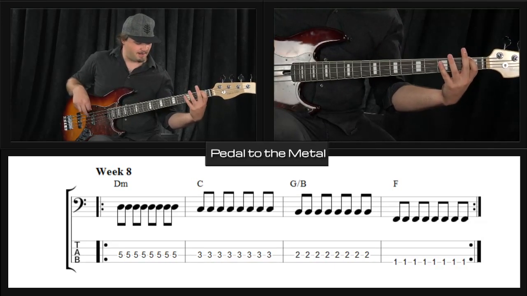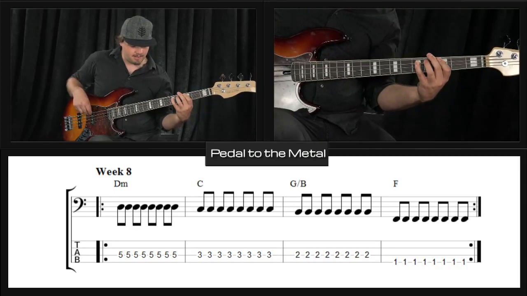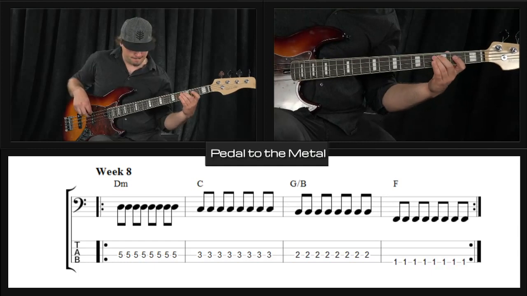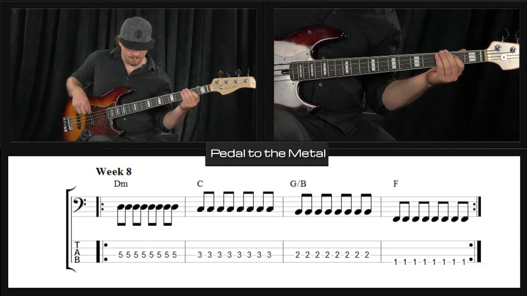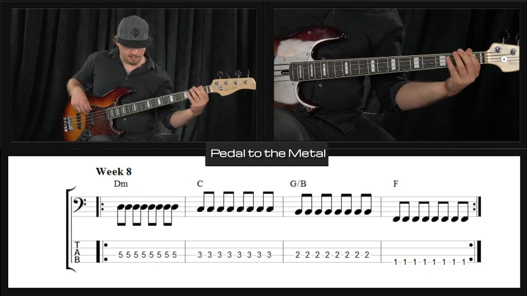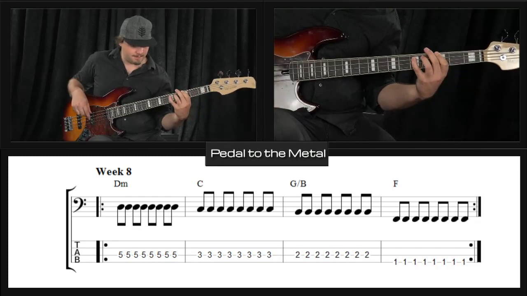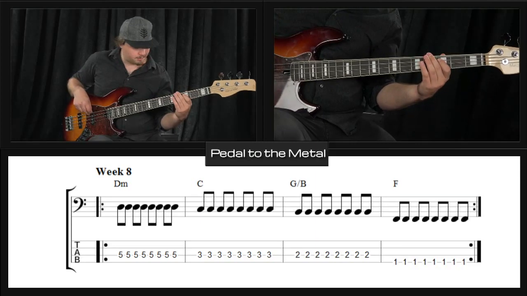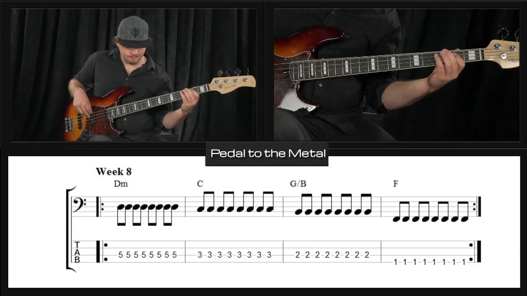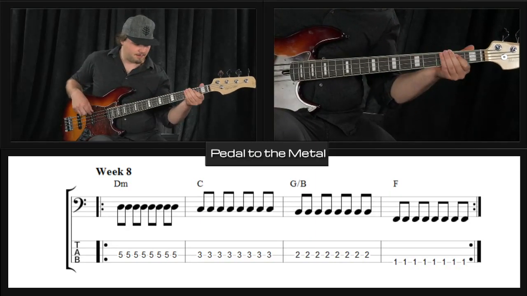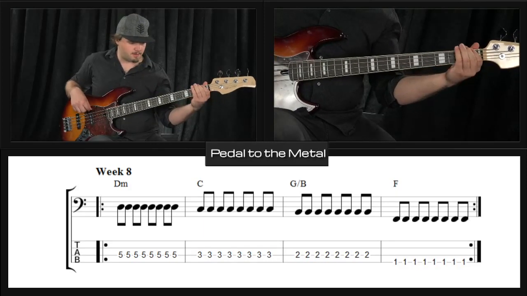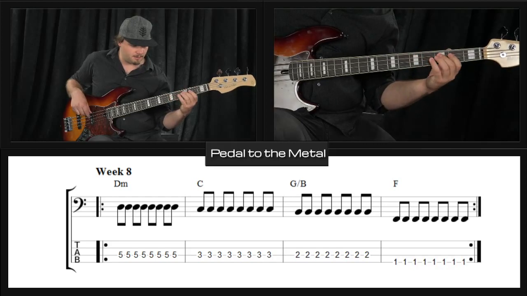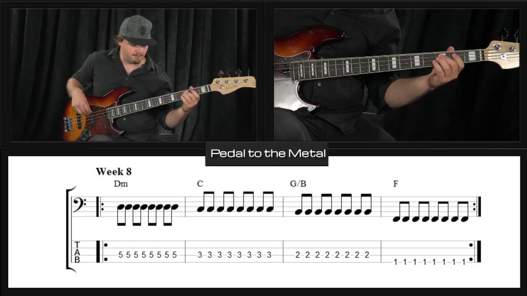Really concentrate. Make sure that right hand is nice and consistent. You don't want certain notes to be sticking out. You don't want certain notes longer or shorter than others. And you want to make sure that the transition from each note to the next note is nice and clean.